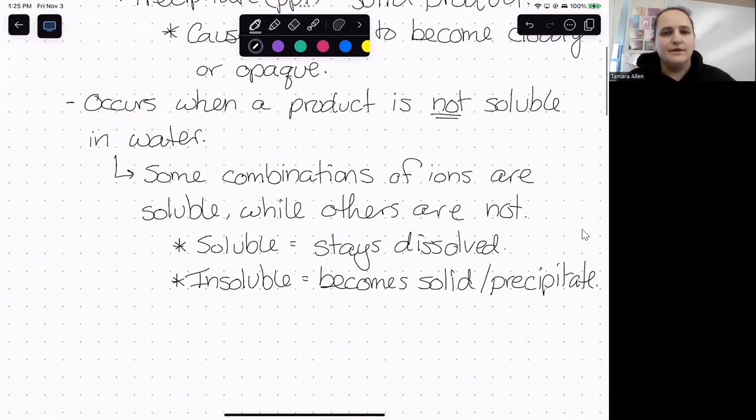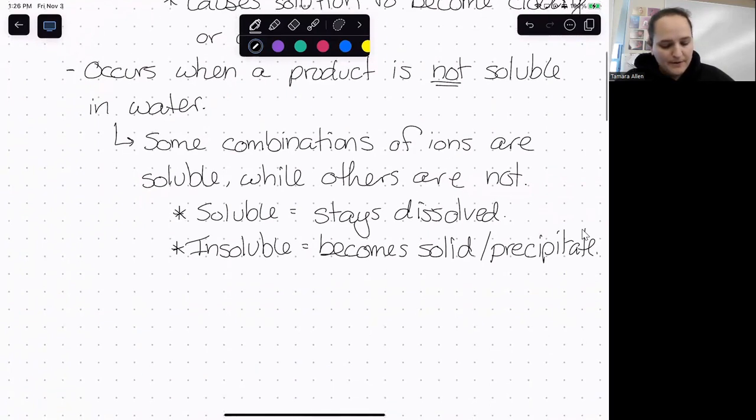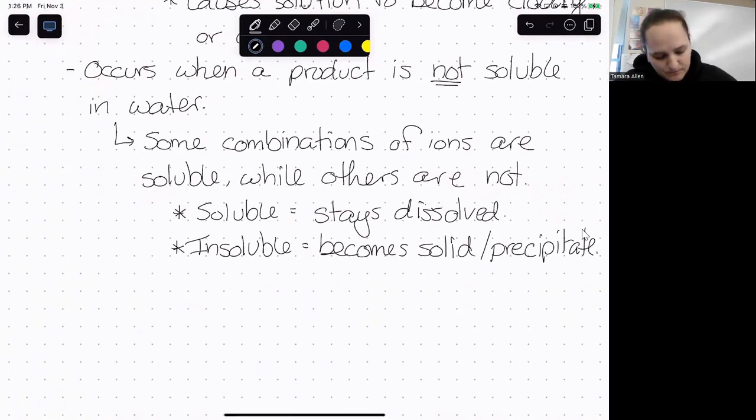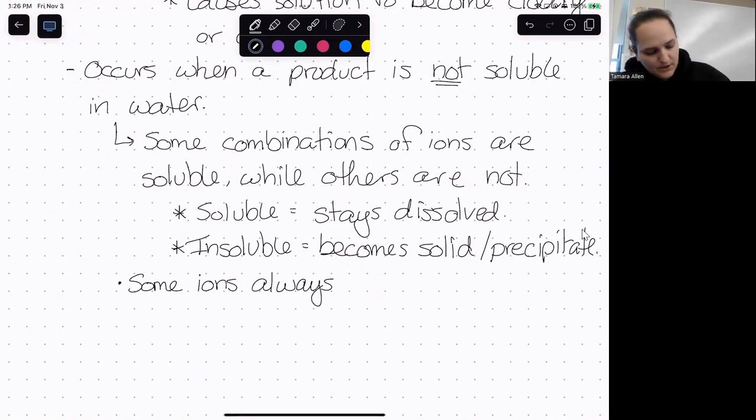There is a more extensive list of rules to help you predict what things are or are not soluble that you will see if you take Chem 2. For now, there are a few ions to be aware of that are always soluble in water no matter what they are paired with. Those are the ones I am interested in you knowing right now.